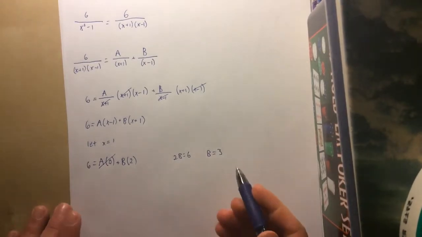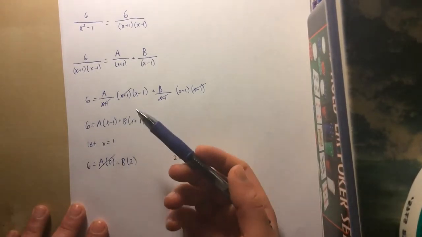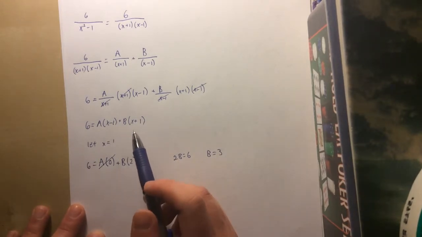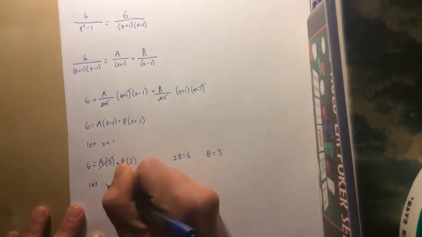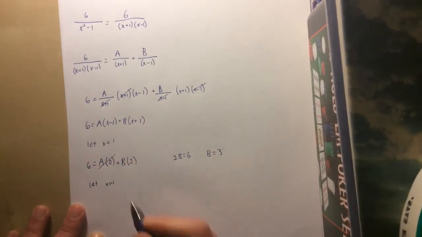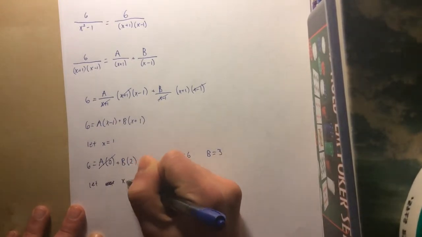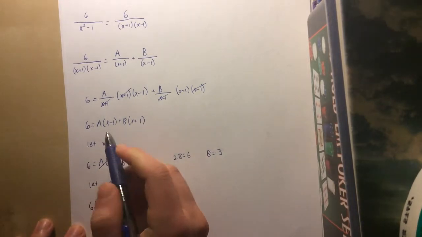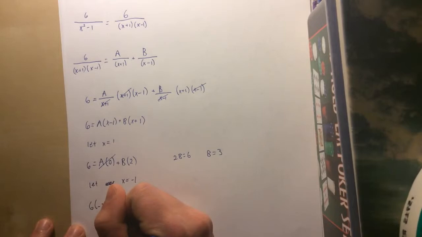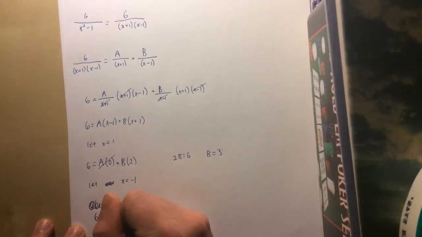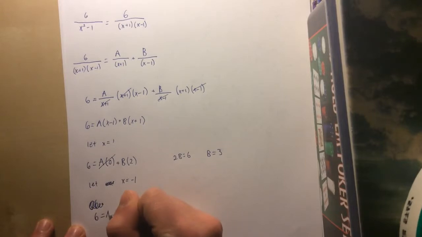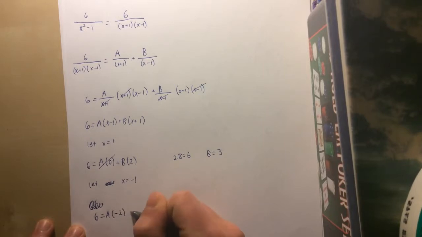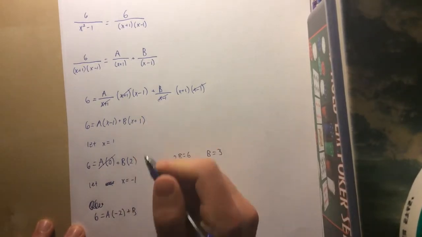Likewise, we could either plug this 3 back in and then choose any number for x, or we could just pick x equal to -1. If we let x equal -1, then we get 6 equals a times -1 minus 1, which is -2, plus b times -1 plus 1, which is 0.